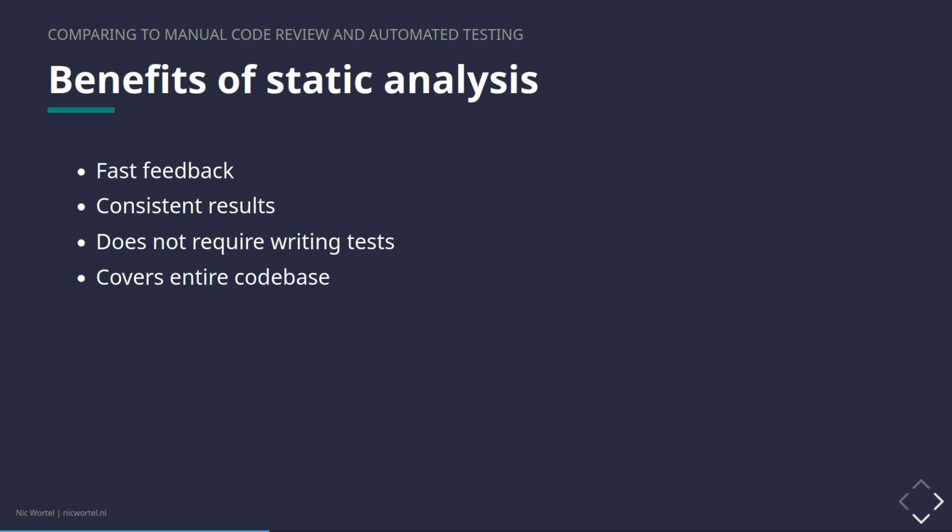It does not require writing a lot of tests like unit testing does, where we need to actually invest time into writing the tests. We just configure the tool, run it, and that's it. And because we don't need to write tests for it to work, it covers the entire code base, so we do not run into the problem of only covering some part of the code base with tests.